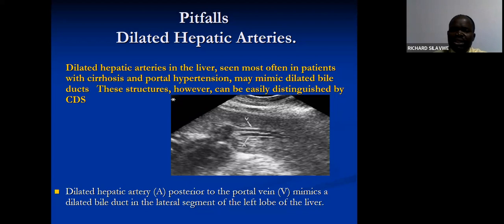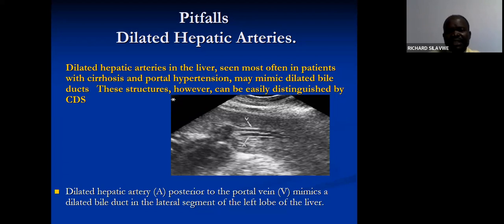When you put color Doppler and you are able to pick up color, then it's not intrahepatic dilatation, we are dealing with blood vessels. But if you apply color Doppler and you are unable to pick up color, then you know you are dealing with intrahepatic dilatation.